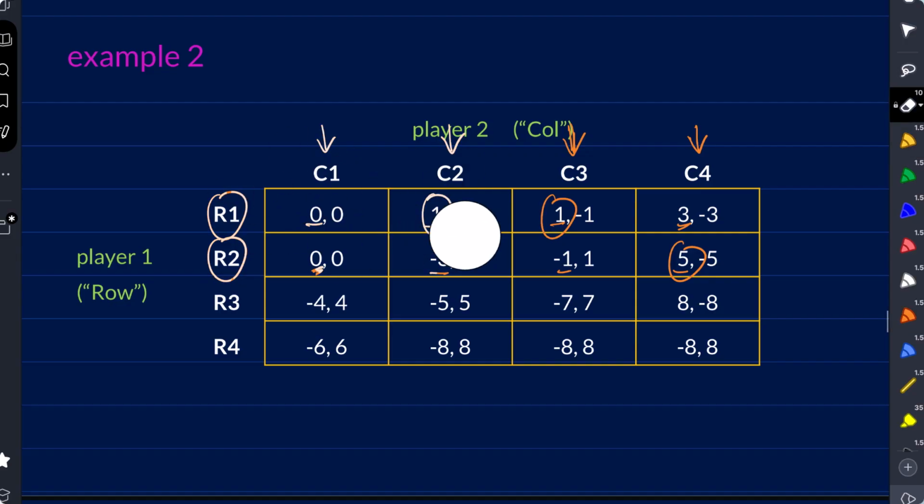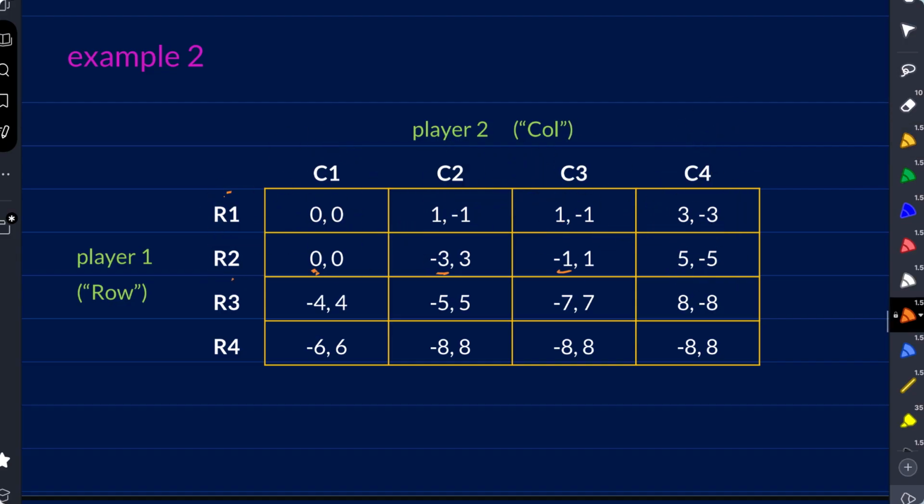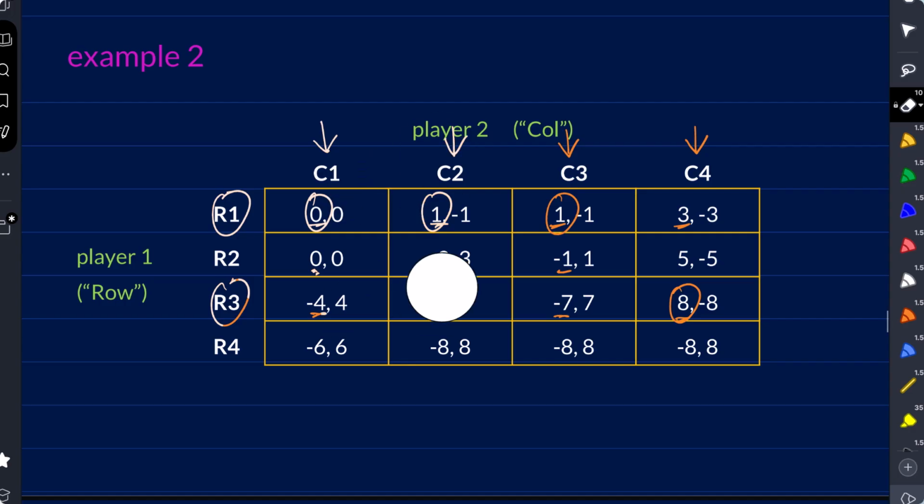So neither dominates the other. R1 and R3: 0, -4, R1 is better. 1, -5, R1 is better. 1, -7, R1 is better. But for C4, 3 and 8, 8 is better. So neither dominates the other.